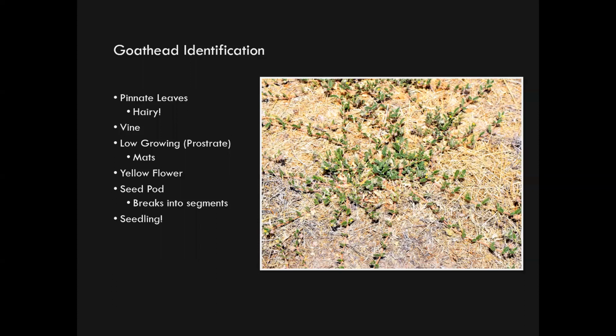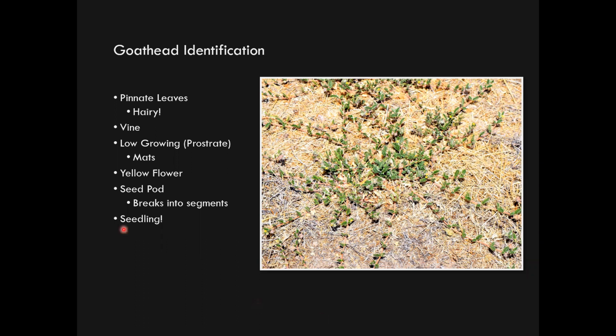And a distinguishing characteristic compared to many of the species that are viney and grow in a similar form is that they have pinnately compound leaves, or little leaflets, that I'll show some more close-up pictures of in a second. But they really have the ability to grow in areas where there's not a lot of competition from other vegetation, growing prostrate or right next to the ground, forming dense mats where they produce a tremendous amount of these seed pods that break into those really nasty spiny seeds that nobody really likes.